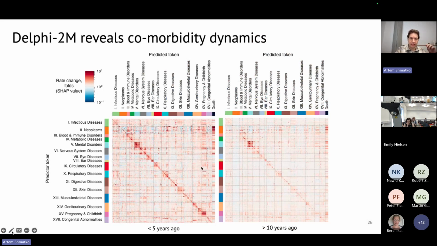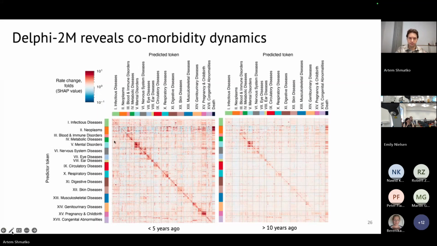We have all the diseases in the data set on the x-axis of the matrix, and these are predictors, meaning the input tokens. And on the y-axis, we have all the same diseases, but as predicted risks.